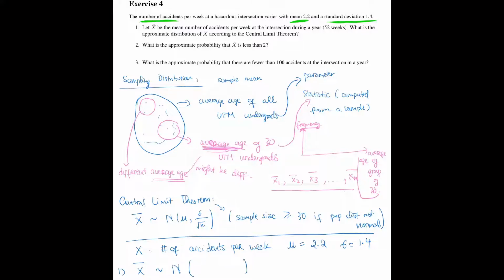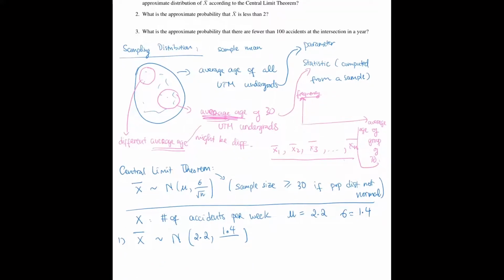The mean stays the same, 2.2, but the standard deviation is 1.4 divided by the square root of n. n is the number of observations, which is the square root of 52.